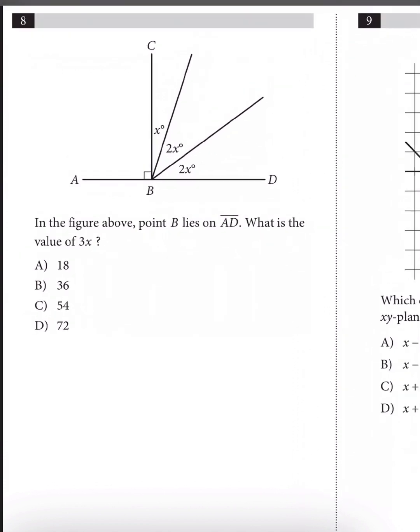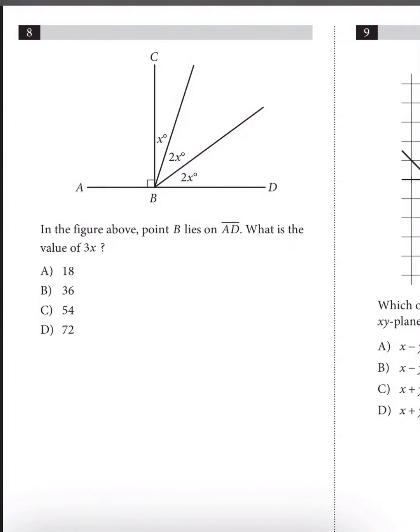Okay, in the figure above, point B lies on AD. What is the value of 3x? Okay, so as you know, CBA is a 90-degree angle, meaning CBD is also a 90-degree angle. We can assume that.